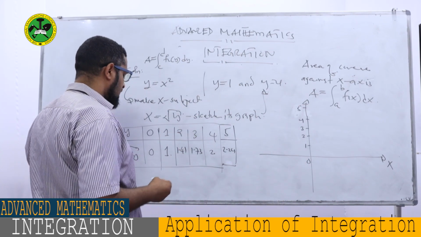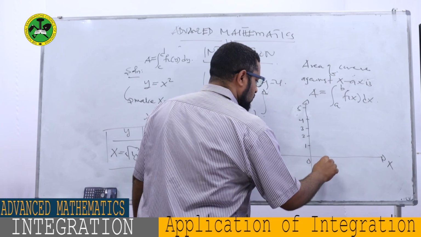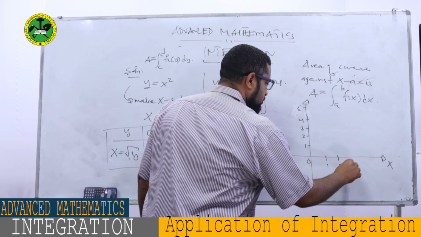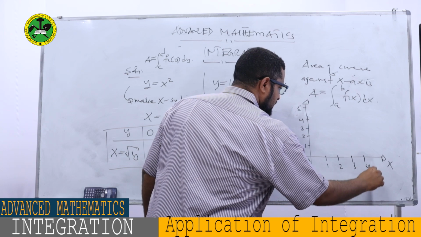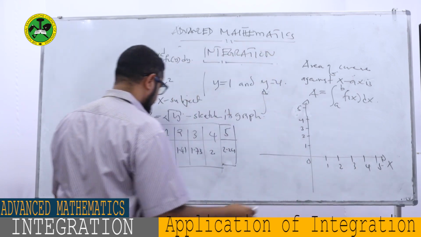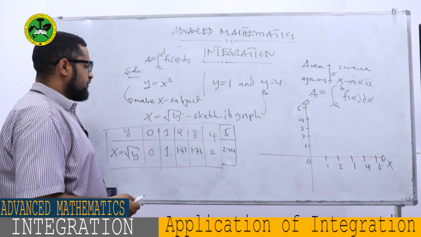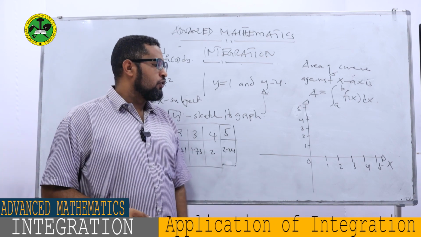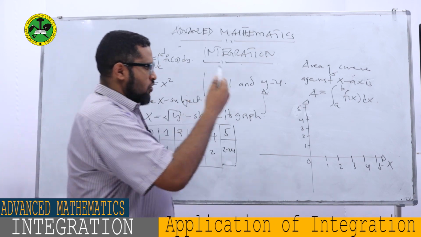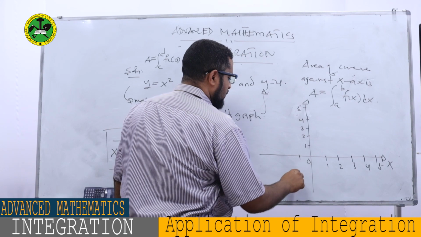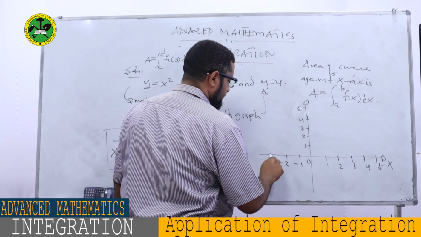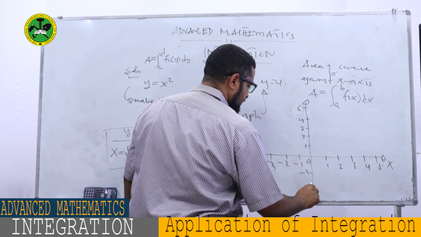But our x here, we have 0, 1, 2, 3, 4, 5. We don't have negative numbers in the case of x, but when you're drawing an xy plane, remember to add the negative numbers, and also this side.